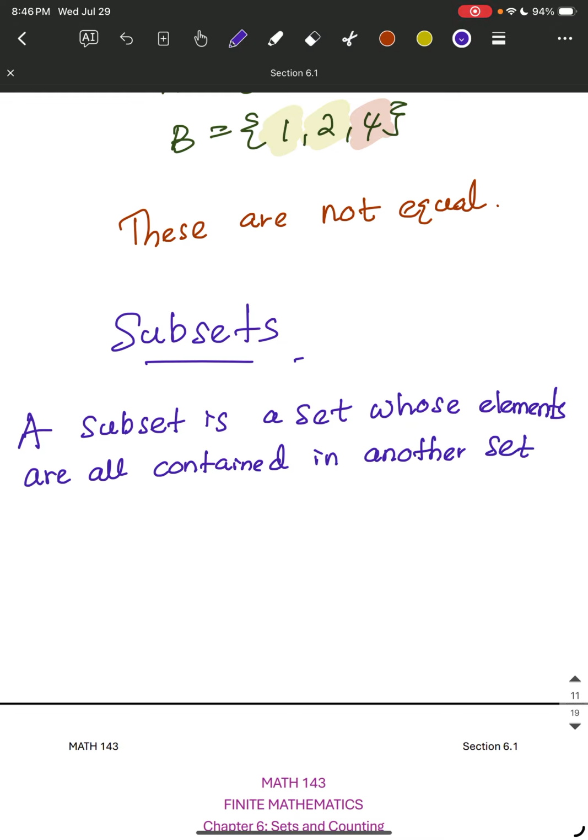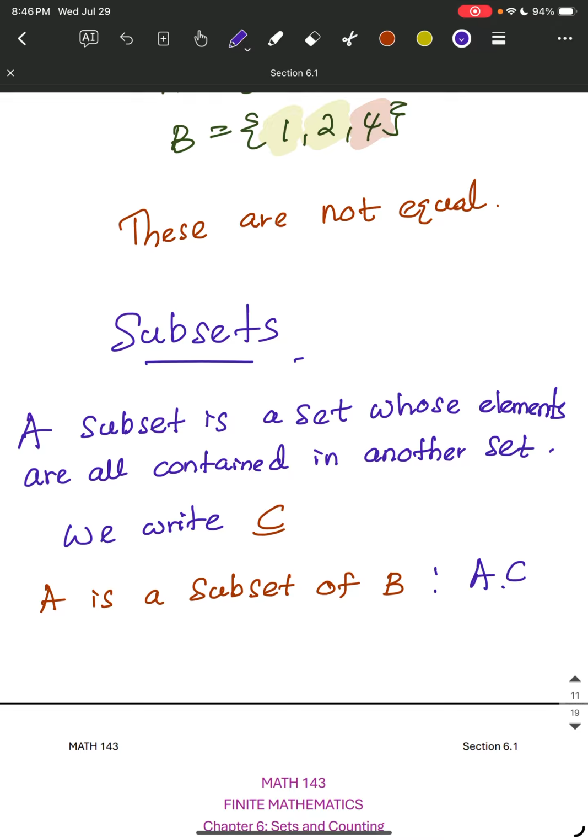So we write the subset symbol like this. Let's say A is a subset of B. Symbolically, we write it as A is a subset of B. So this means subset.